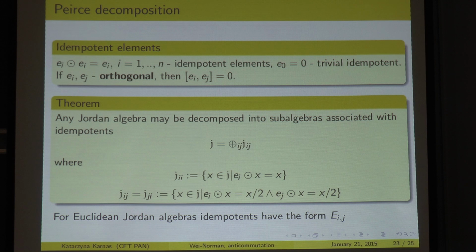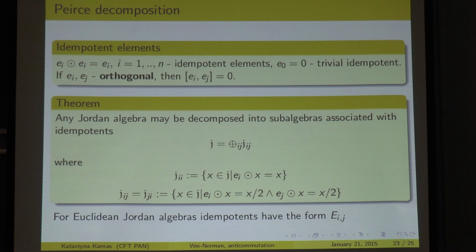In general, there's a very simple algorithm to determine a basis for Jordan algebras, especially for Euclidean Jordan algebras. One may always decompose any Jordan algebra into a direct sum of such subalgebras.